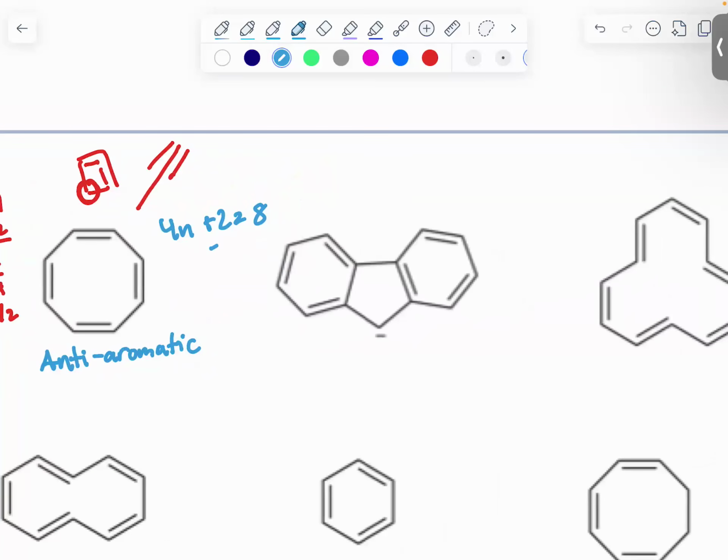What about our next one? Any brave souls willing to work this one out? Come on up. Also, are you counting all your pi electrons?